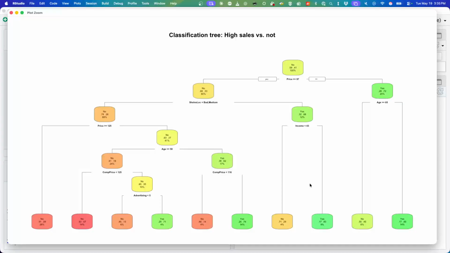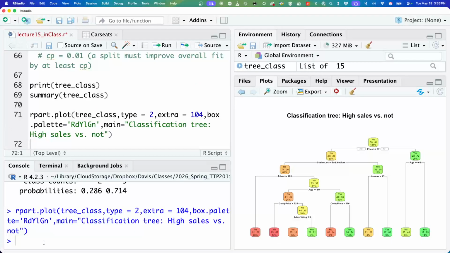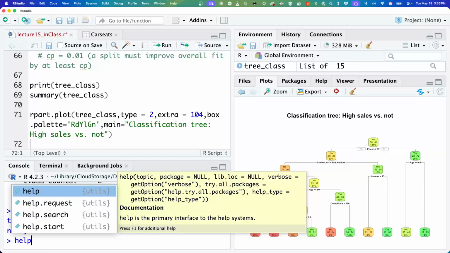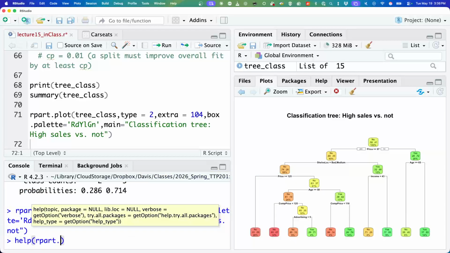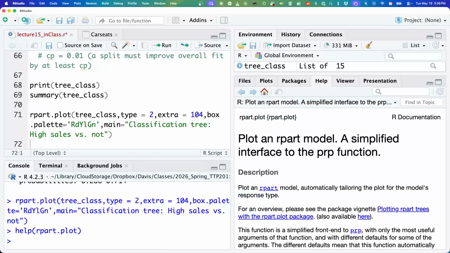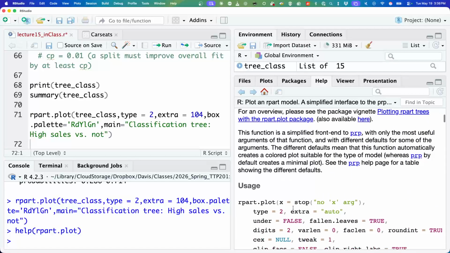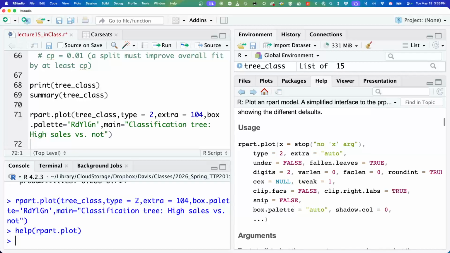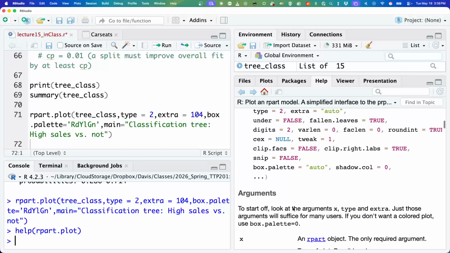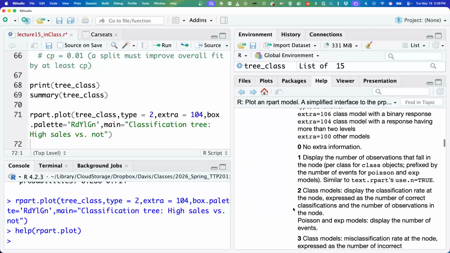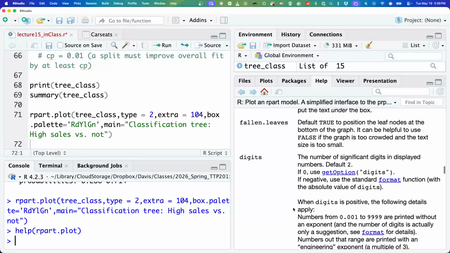Hold on. I want to increase the text size, but I don't know how to do that. Let me see if there's a quick way to do that.